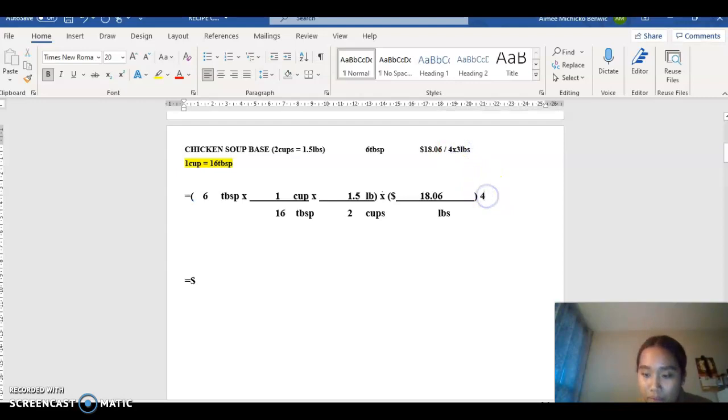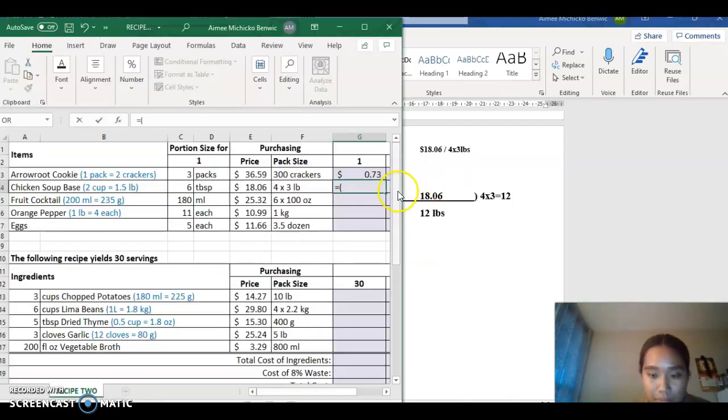So 4 multiplied by 3, that gives us 12, and this is our new number. And after calculating all of them, that gives us 42 cents, and we'll just plop in our Excel.